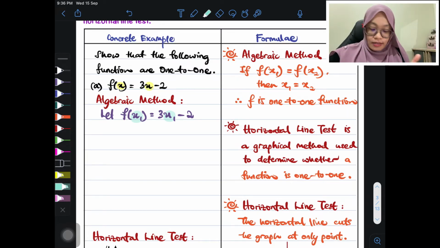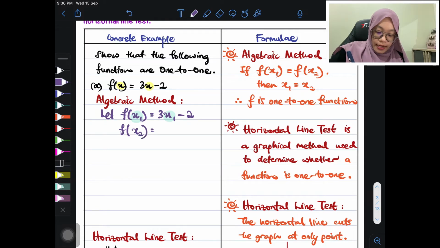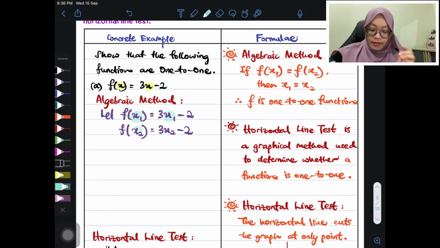I name it, that's all. And then I add another function f with x2. I name it x2. I just give it a name. That's all. The function is still the same. 3x minus 2 is the same function. It's just that I name it a new name, x1 then x2.